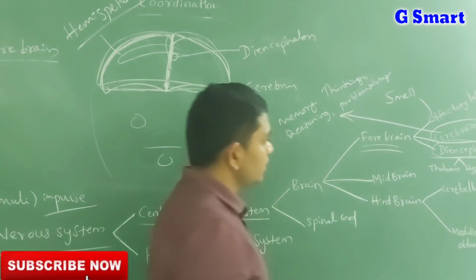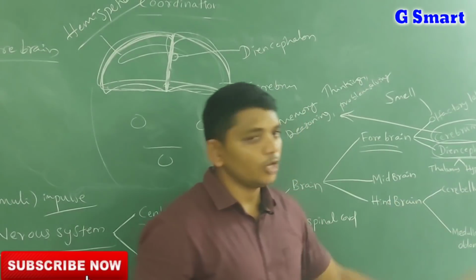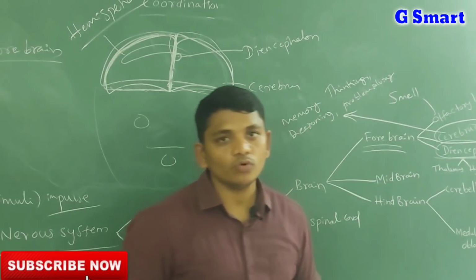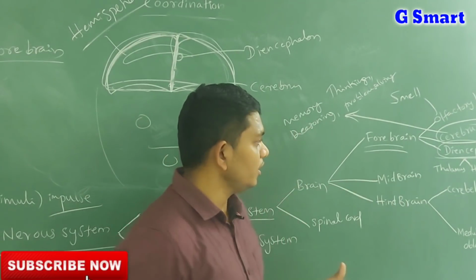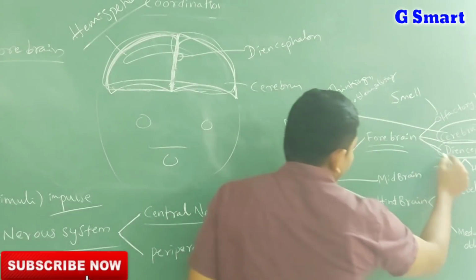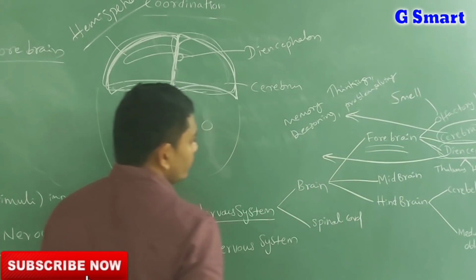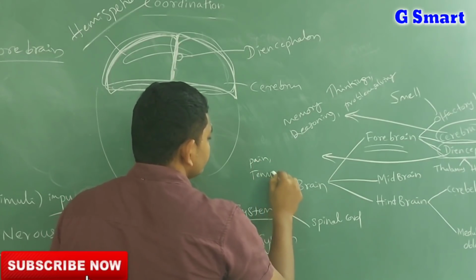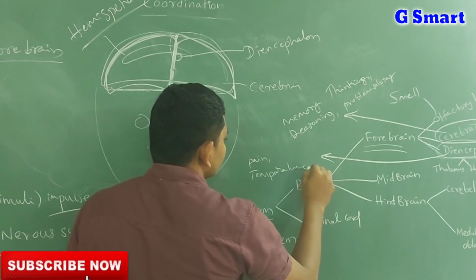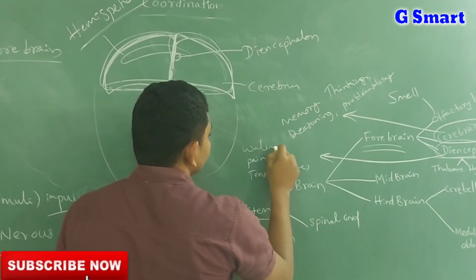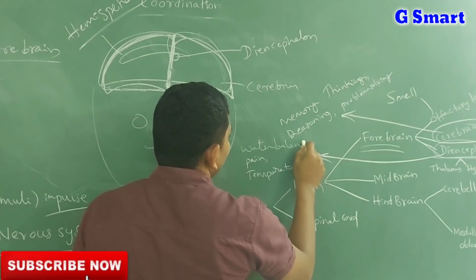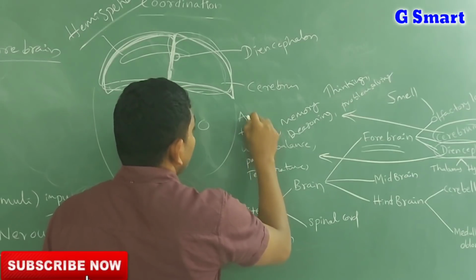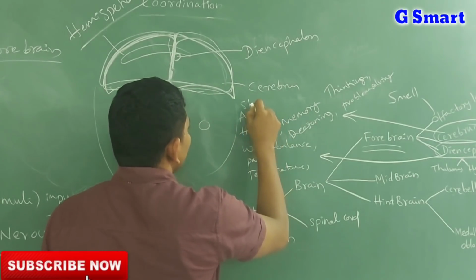Diencephalon is again classified into thalamus and hypothalamus. Hypothalamus belongs to the hormone system, right? Here thalamus only belongs to the nervous system. Clear? Right. So the diencephalon is responsible for pain, temperature, water balance, hunger, anger and sleep.